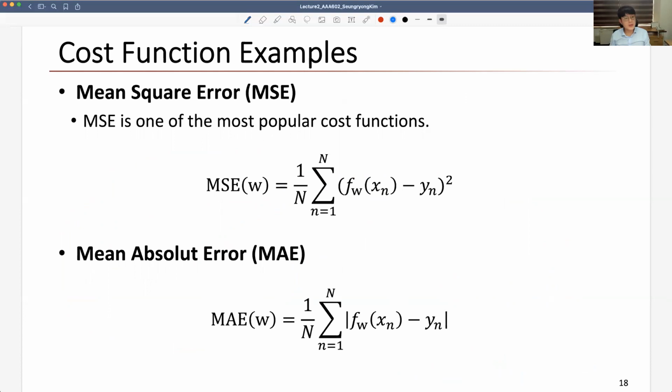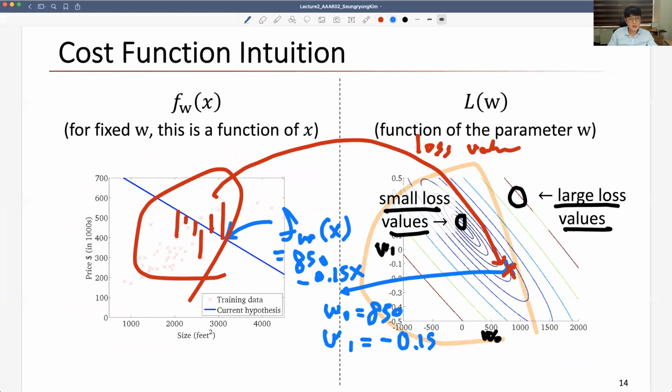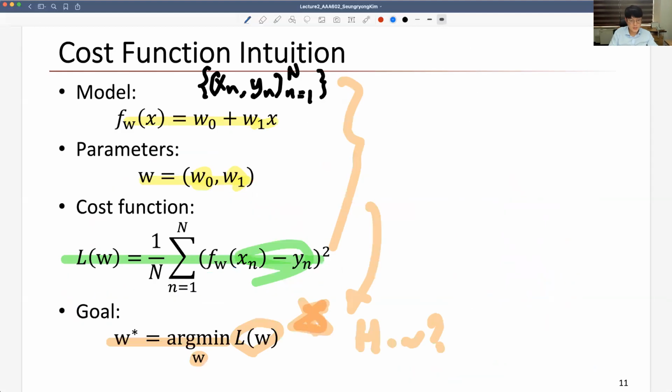So people keep going, we have to define the cost function. Before this slide, we were just considering the square of the errors, right?